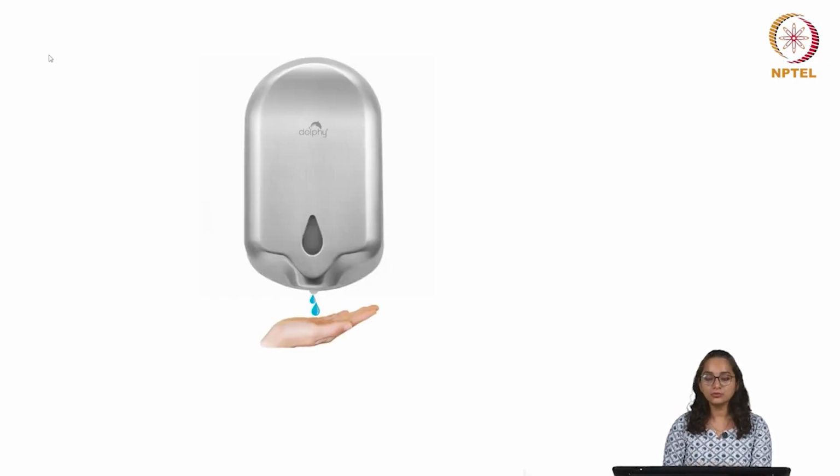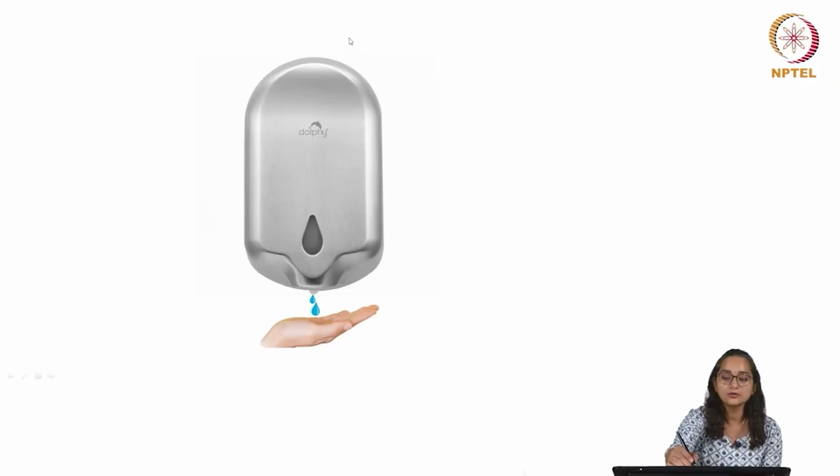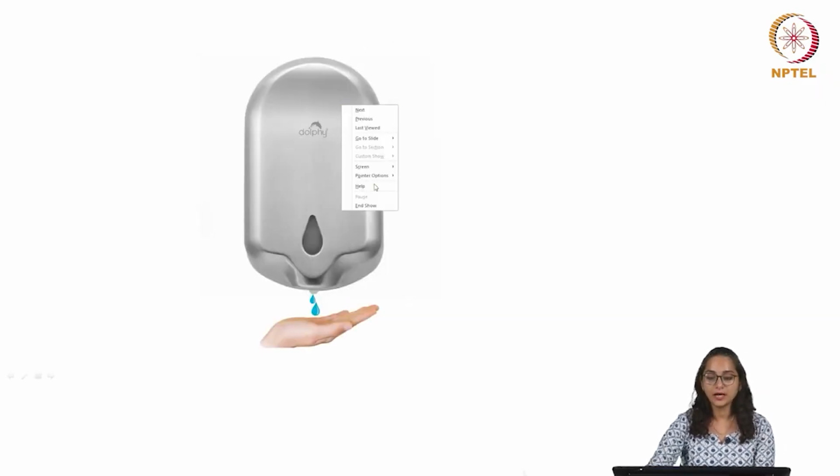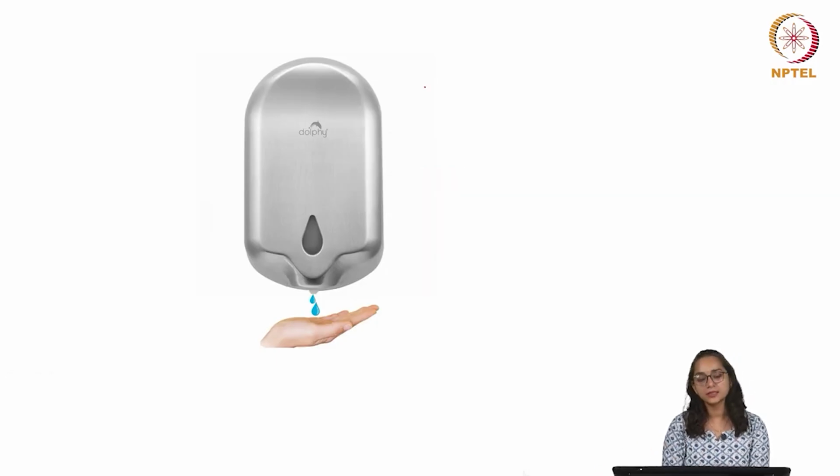In order to understand what a mismatch would really mean, let us look at this common example of an automatic soap dispenser. I am sure you all might have interacted with this product at some point in your life. And so, what is the purpose?